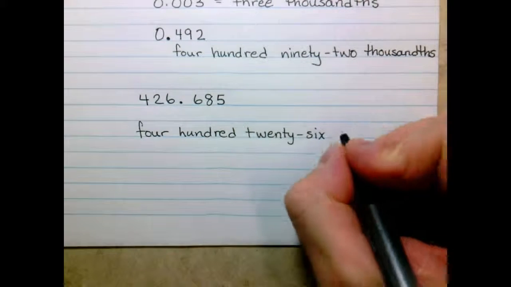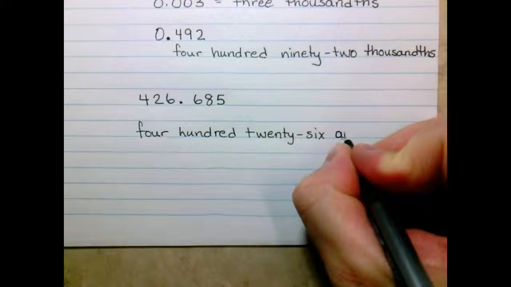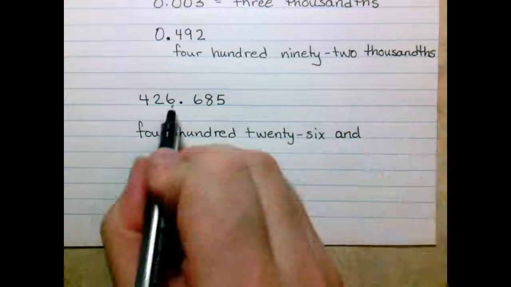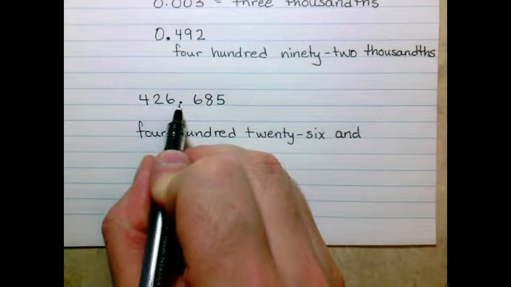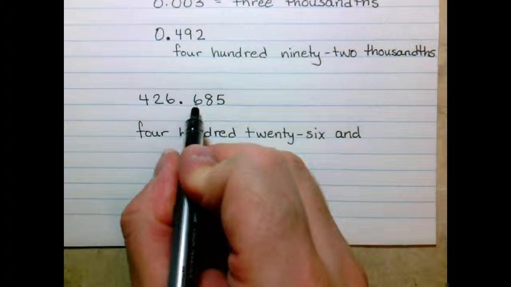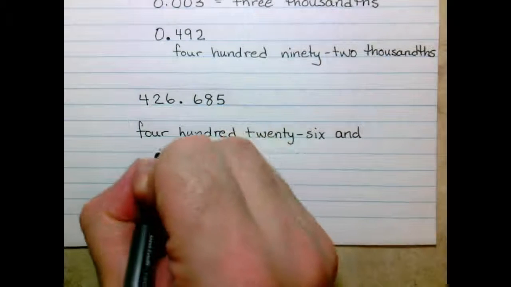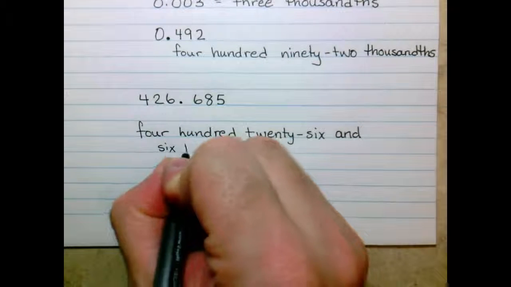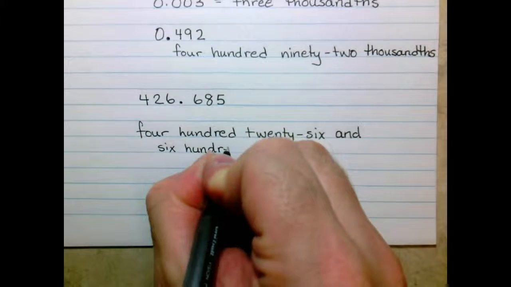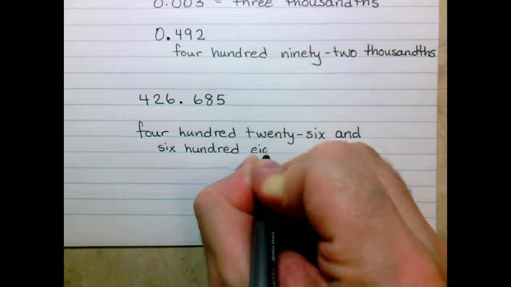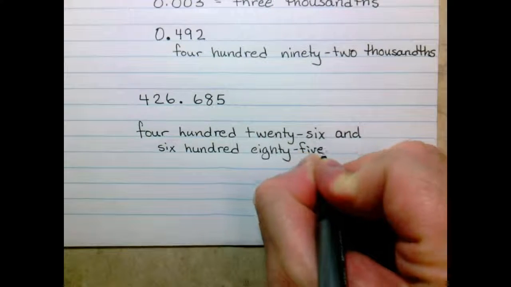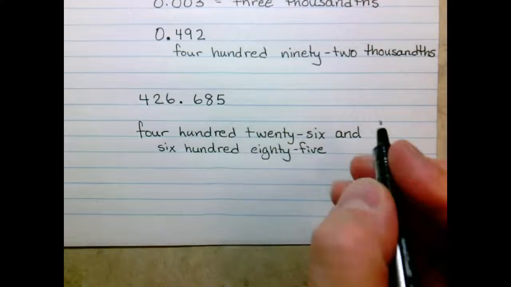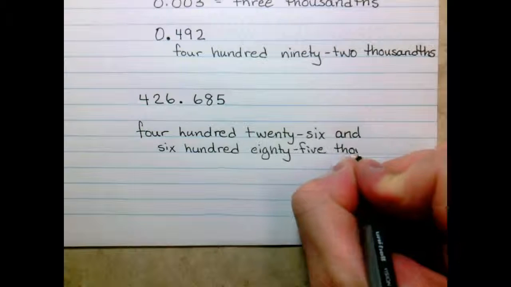Then we say the word "and" to indicate that we're at the decimal place and the remainder of our number will be less than 1. So, 426 and, then we say this 3-digit number, 685. And to finish it off, we say the place where the 685 ends, and it's in the thousandths.